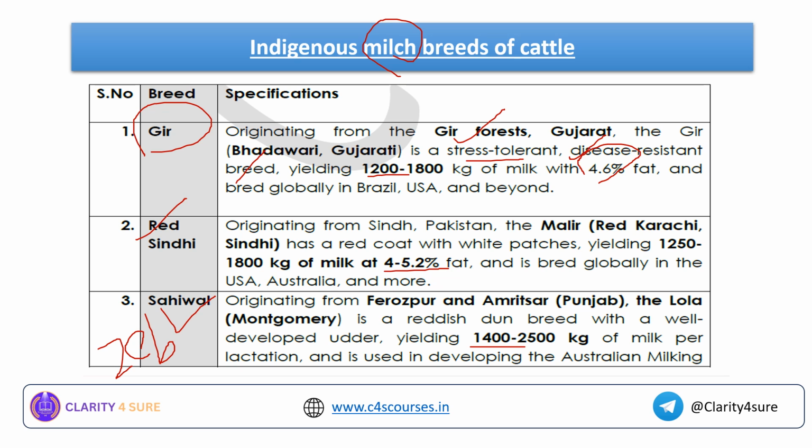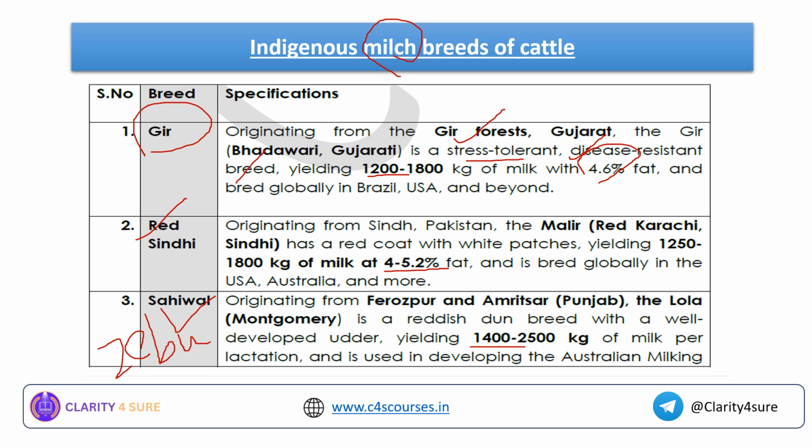We have seen that selective breeding can be done within a species to enhance the quality of the resulting breed. For example, here Zebu is known for its high milk yielding capacity. So the Sahiwal is used in developing this Australian milking breed called Zebu.